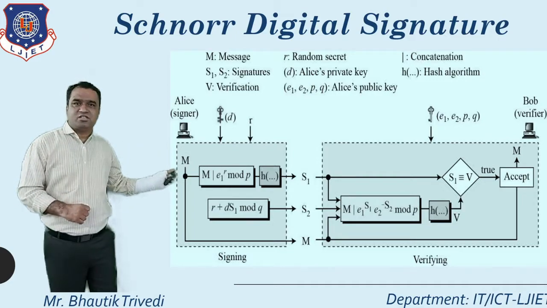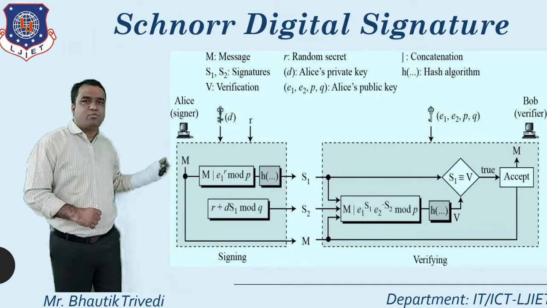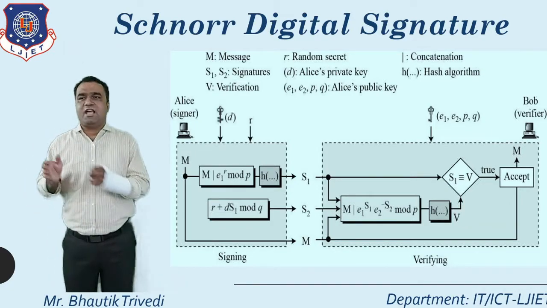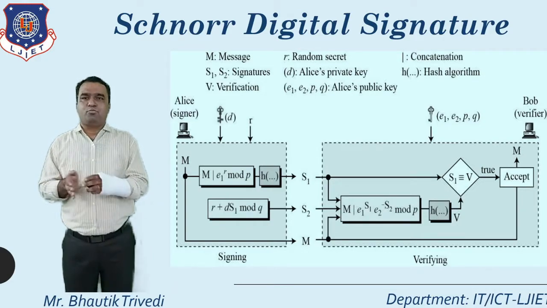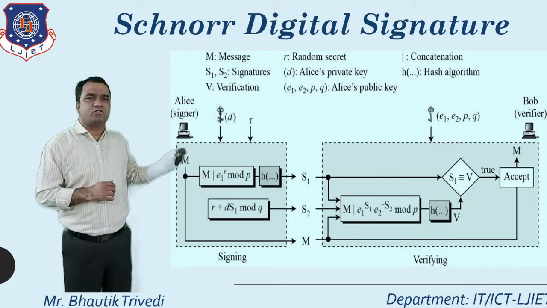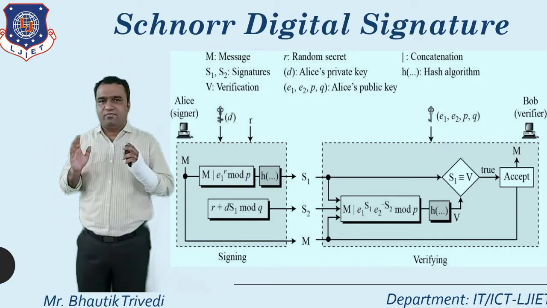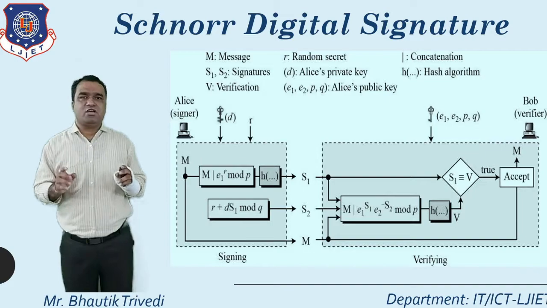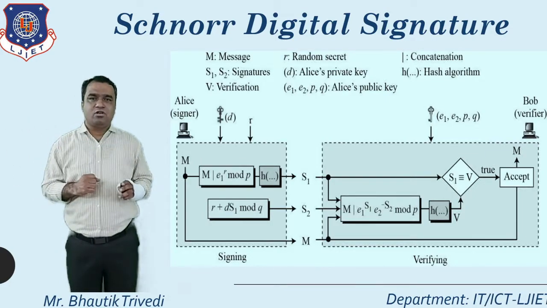M is the message. Then E1 raised to R mod P; you concatenate M and E1 raised to R mod P, and whatever the output is, it is passed to H, and whatever you generate is known as S1.